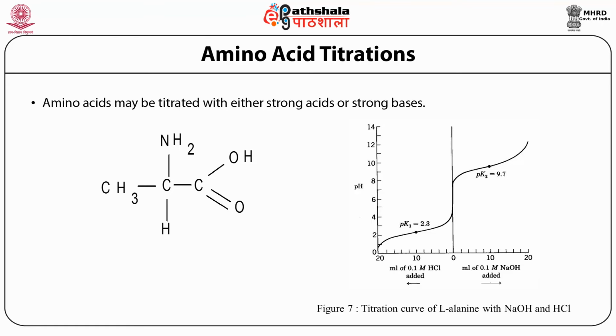It comes at 9.7. So in this type of titration, amino acids are weak acids, but they also contain a carboxylic group, and replaceable protons from both carbon as well as nitrogen. So two reagents are required for titration and we get two endpoints.